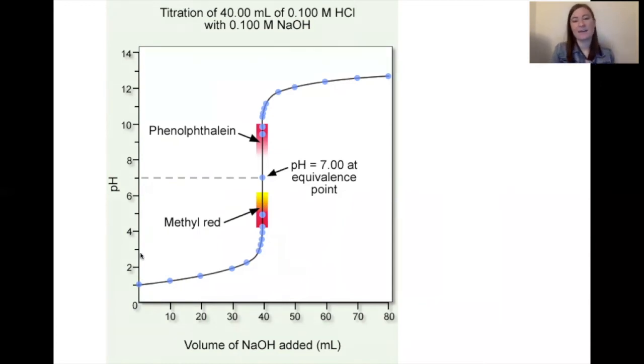That said, the blue dots here are representing drops added. To go from the equivalence point, where the volume of base equals the volume of acid added, to the end point where the phenolphthalein changes color generally takes only about 1 drop, because the pH changes so steeply when you're near the equivalence point.